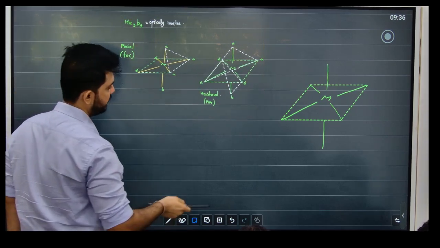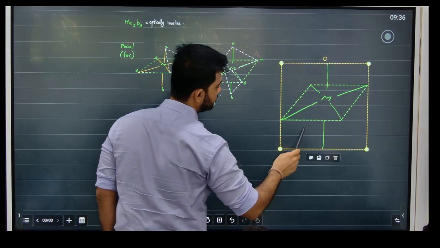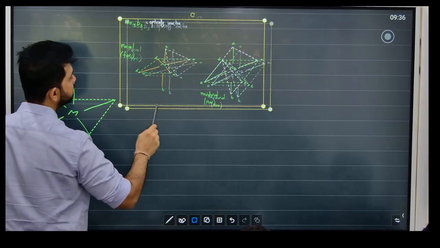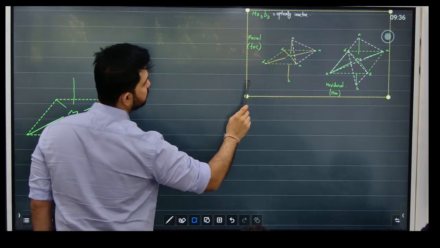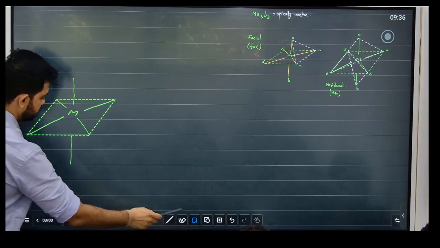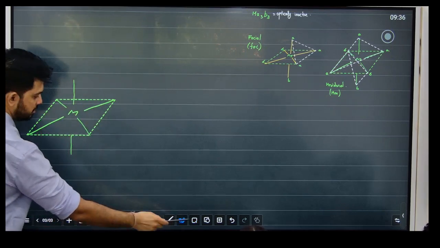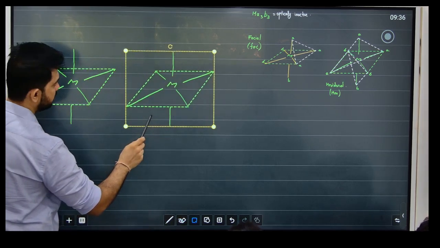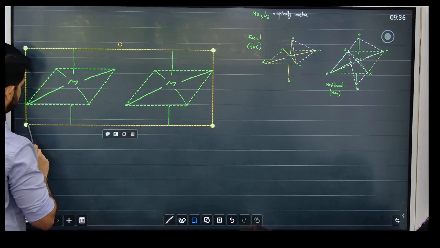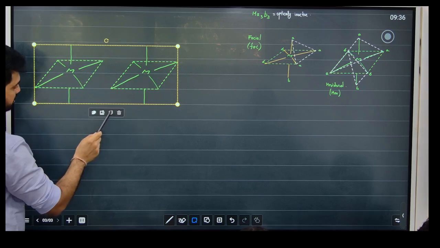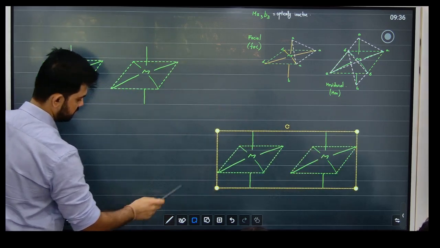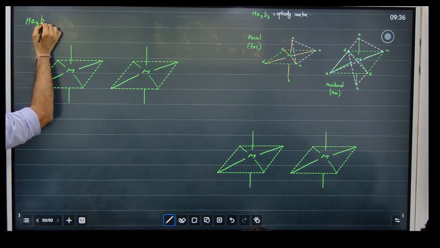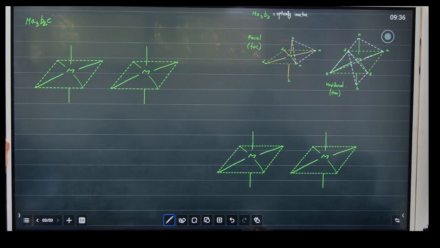Chalo, next, after M, A3, B3, give the next one. M, A2, BC. अब यहाँ से मुझे चाहिए, आप लोग स्ट्रक्चर ट्राई करो. I'll help you. M, A3, B2, C. Please technique देखो.